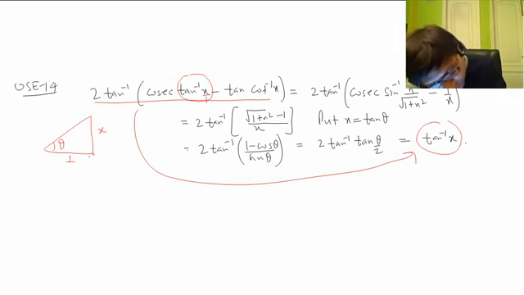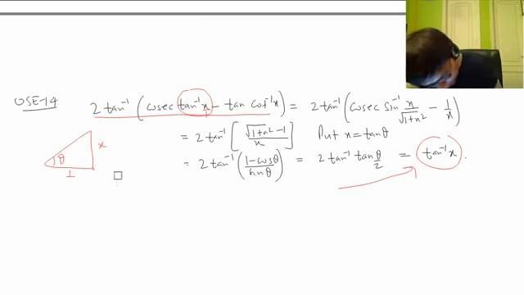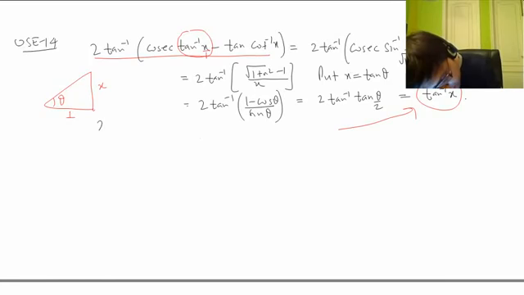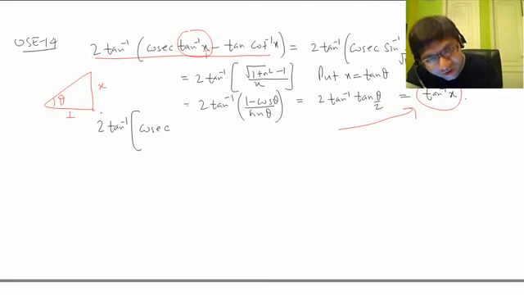Now what is the cosec of this angle? Cosec means hypotenuse over perpendicular.